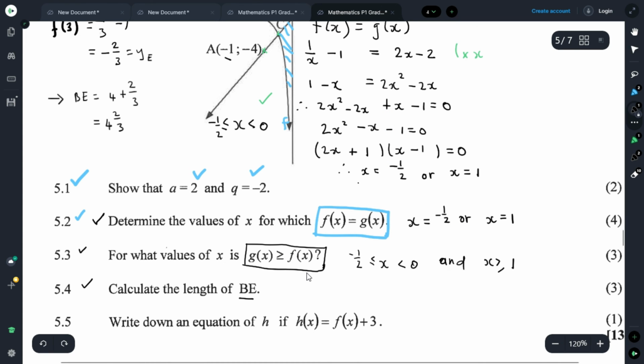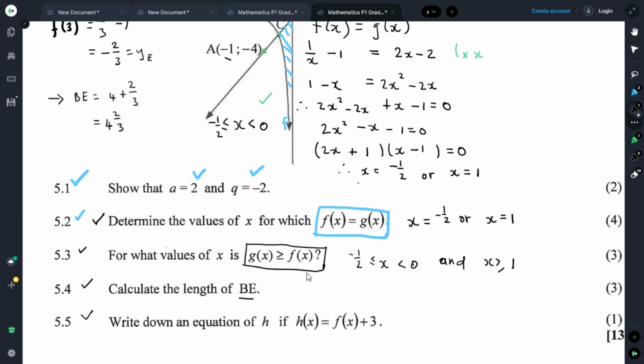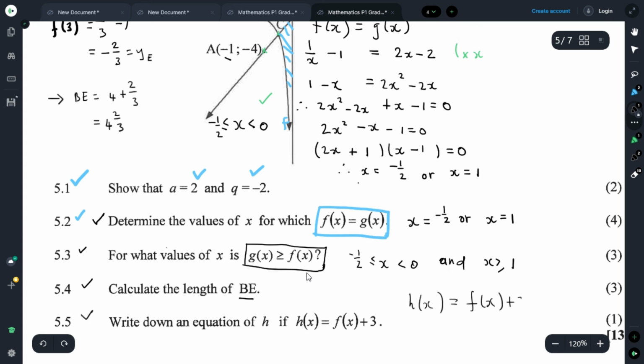And finally, the last question goes as follows. I want us to write down an equation of h if h of x is equal to f of x plus 3. So f of x is just being translated 3 units, right? So let's just substitute. It's important to rewrite that equation, or that new function.